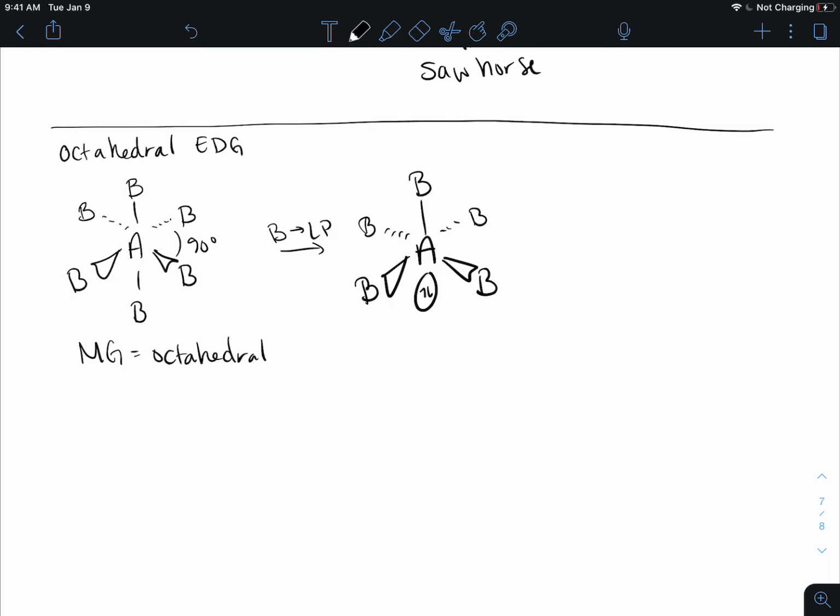Because of that lone pair pushage, we get a bond angle that is less than 90 degrees. And in this structure, we have a square base coming up to a pyramid type shape. So this is square pyramidal molecular geometry.